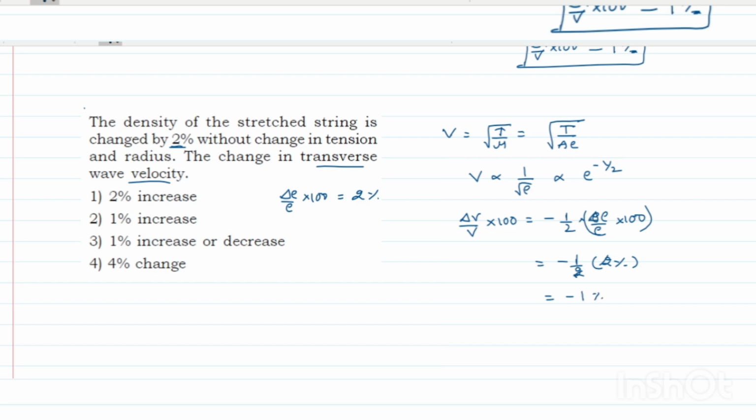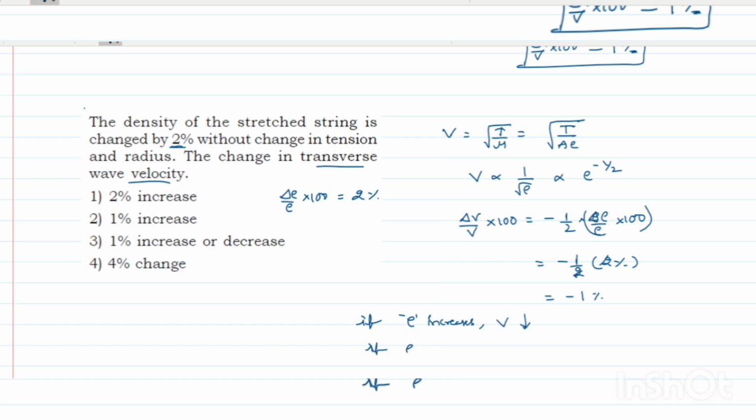Here you just look: the change is given, but whether it is an increase or a decrease is not given. Since v is inversely proportional to root rho, if the density is increased, then v should be decreased.